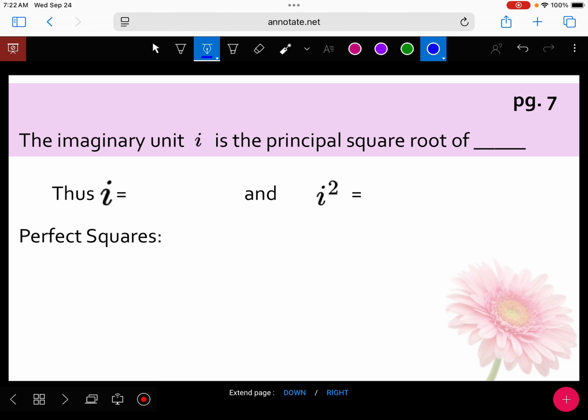So we're going to go in your notes packet to page 7. And we are going to deal with a problem that mathematicians faced and couldn't come up with a real solution, so they made one up. Quite literally. It is called imaginary. It's i.